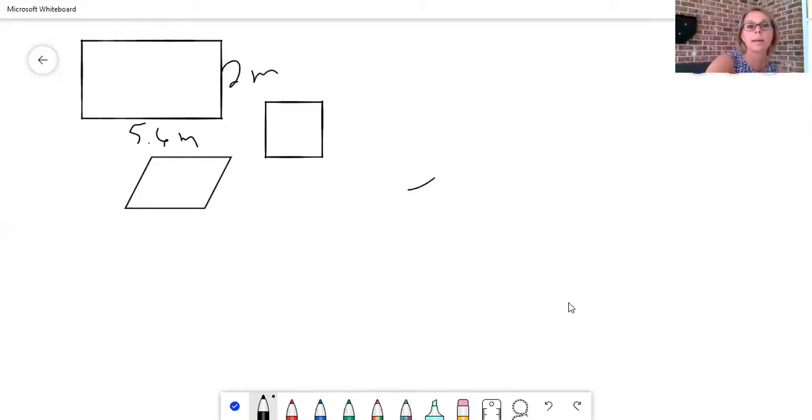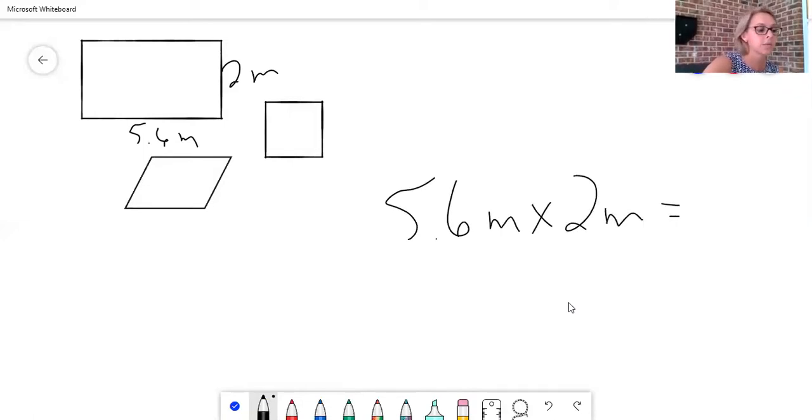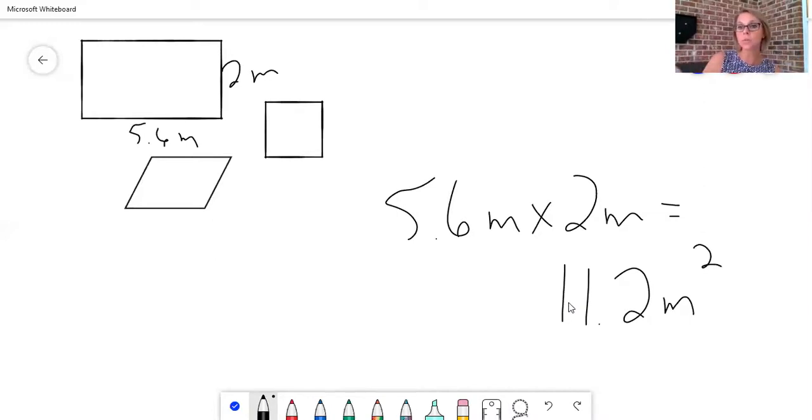So let's multiply. 5.6 meters times 2 meters is going to be what? 11.2 meters squared. Like I said, you may use your calculator if you need to. This one you don't really need to, pretty easy. But if you get stuck, go ahead and use it on this lesson, or on this chapter, okay?